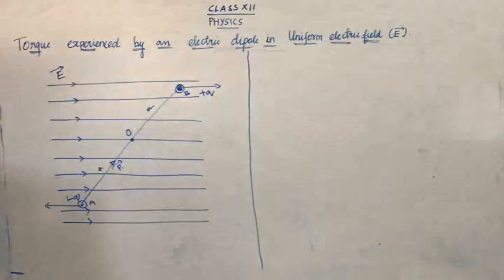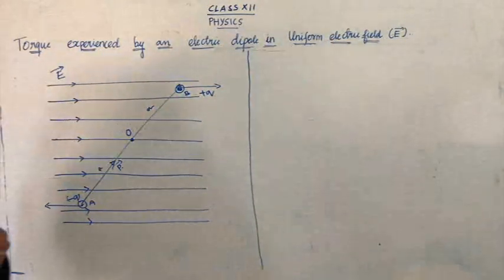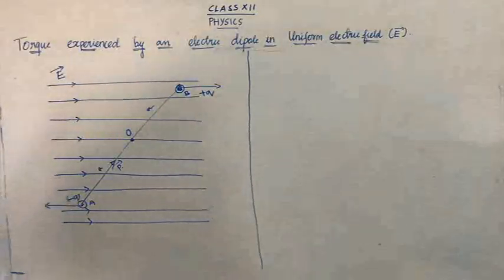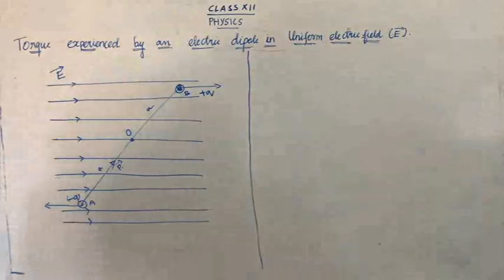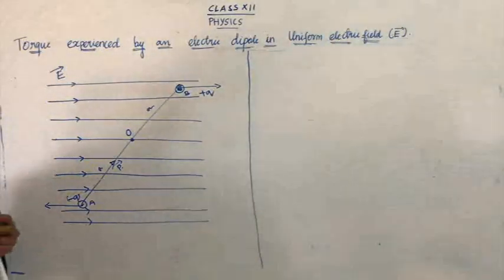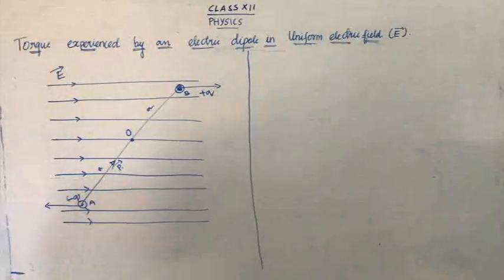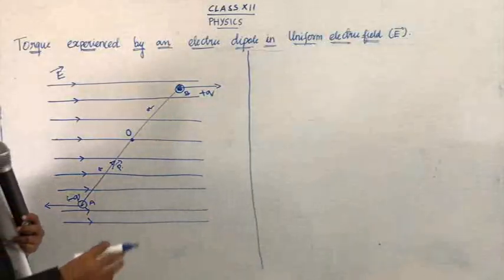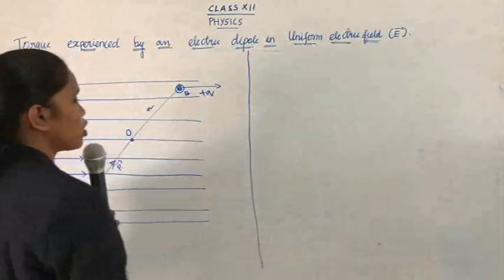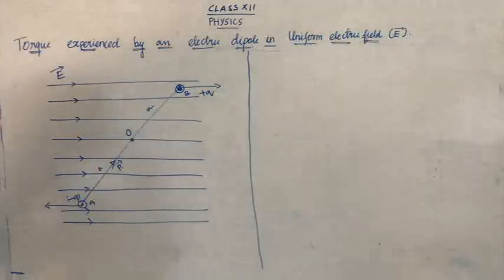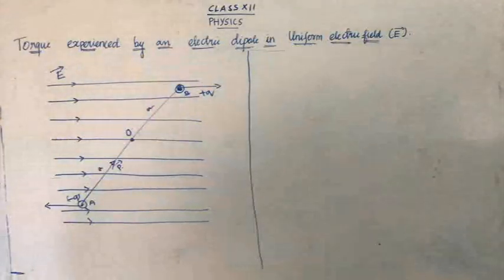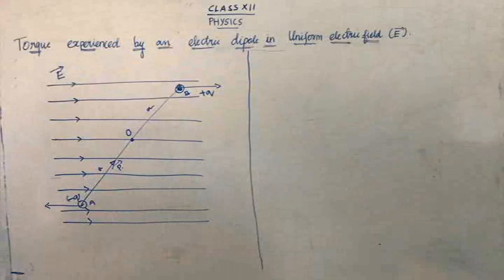For solving problems. In your first unit there are some problems, one or two problems you will experience. In those problems you will be asked to find the torque. So by knowing the formula you can calculate the problems. For that purpose we are going to see about torque.